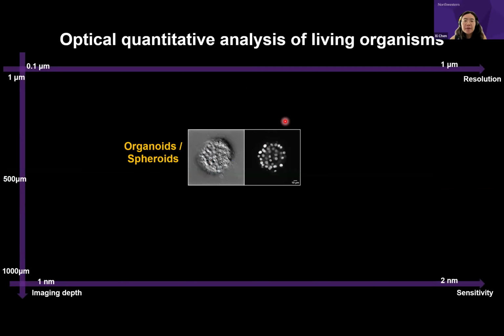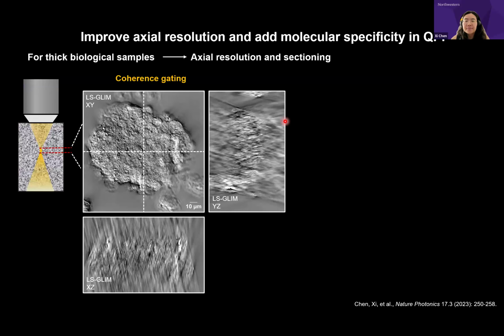So, second topic, let's move on to more challenging biological objects: organoids and spheroids. When we image a thick sample, the difficulty is, remember what we said about coherent scaling, where we use broadband illumination to get rid of the out-of-focus light.